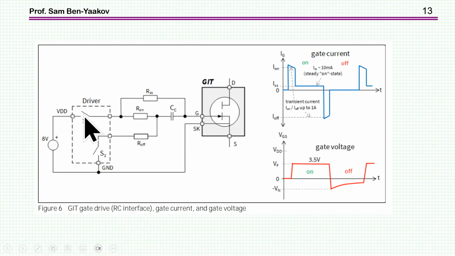When it is in the steady state, we have this path here. When this is turned on, of course, this will be off. Then we have this transition here. And then during the off time, we have the galvanic connection here between the gate and ground.